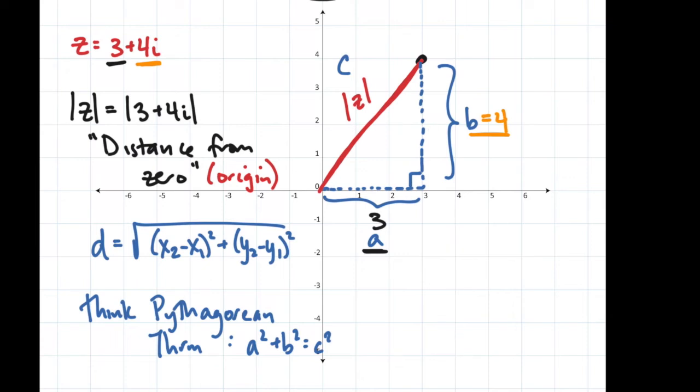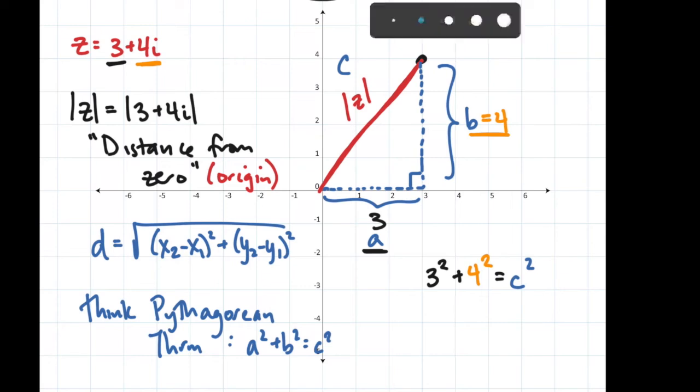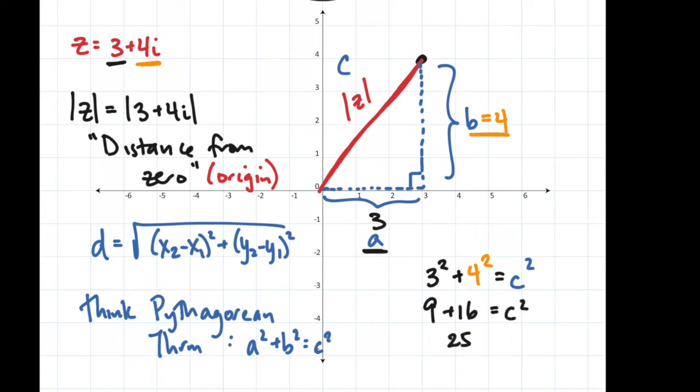So once you see this, hopefully you can do it without graphing. If I'm using the Pythagorean theorem, that will be 3 squared plus 4 squared equals c squared. And if I solve this, that would be 9 plus 16 equals c squared, 25 equals c squared. If I take the square root of both sides, c is positive 5 only because we're talking about distance.